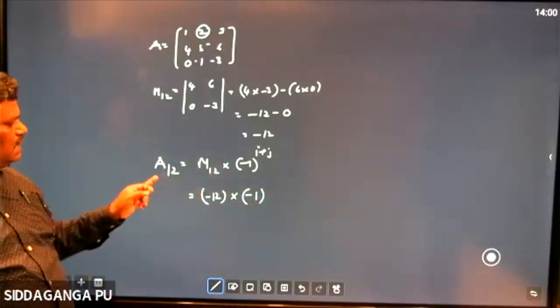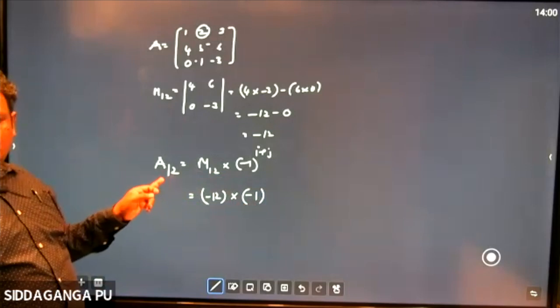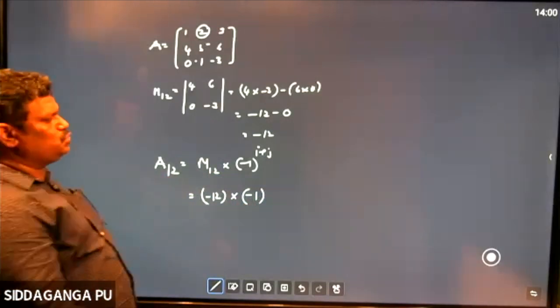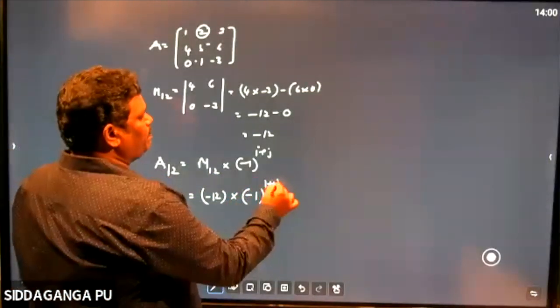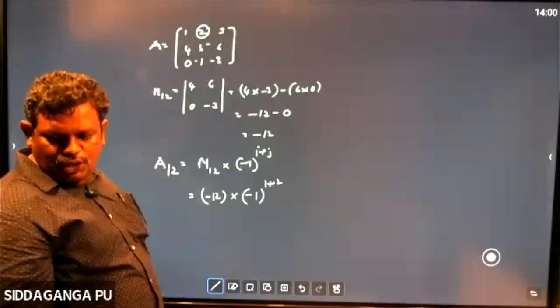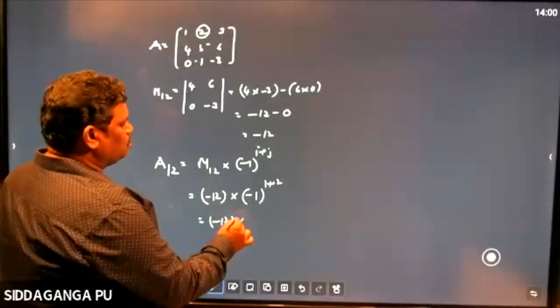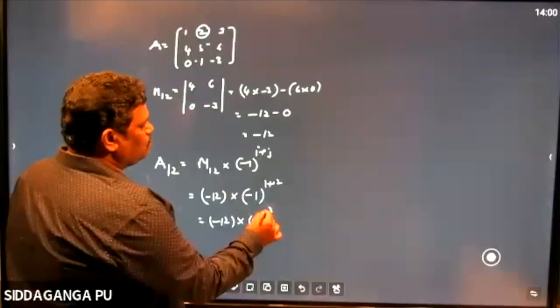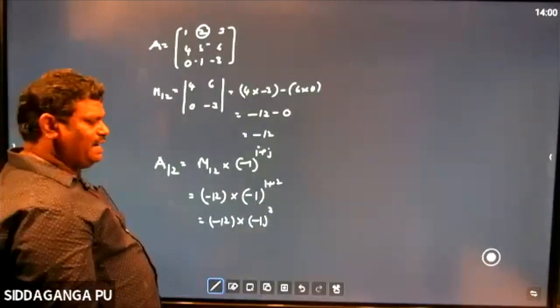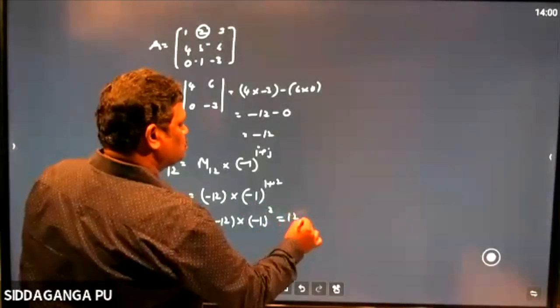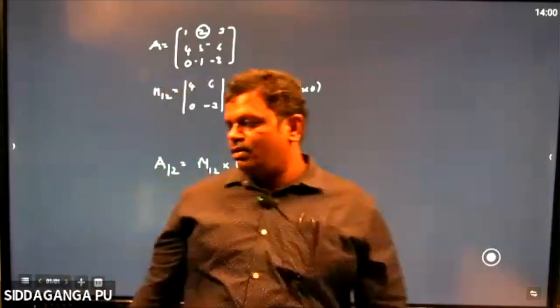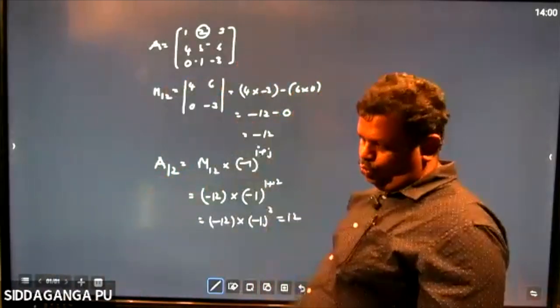See, i means 1, j means 2: first row and second column. So 1 plus 2. So -12 into -1 whole cube, which is minus. Minus into -12 gives plus 12. So this is the cofactor of the given element.